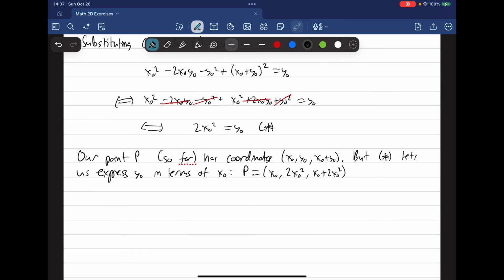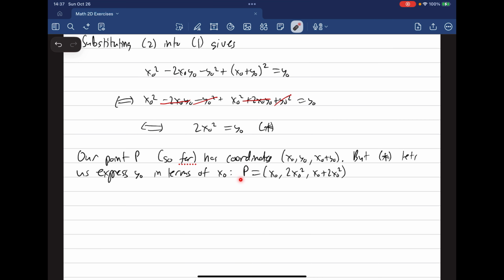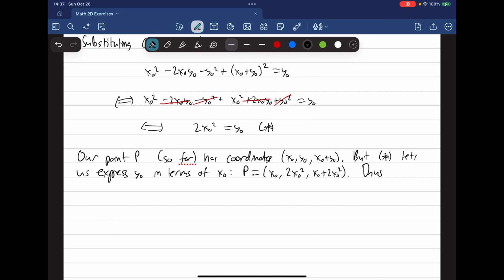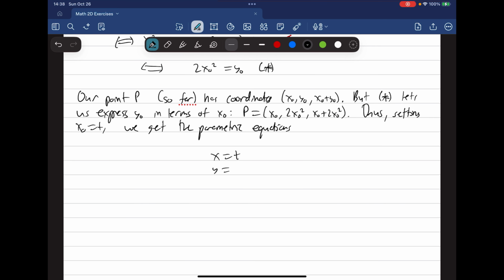And this is awesome because notice how now we have expressed this point P in terms of a single number, just the x coordinate of our point. And therefore, if we set that x coordinate to be t, we get the parametric equations: x equals t, y equals 2t squared, and z equals t plus 2t squared.